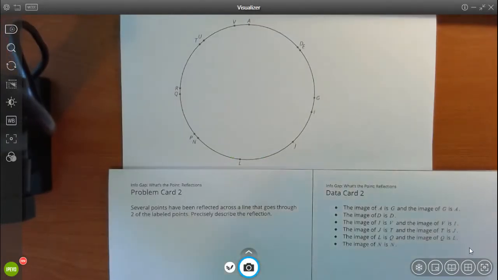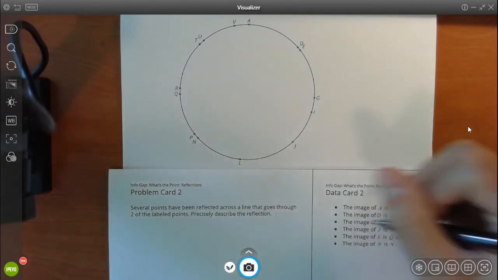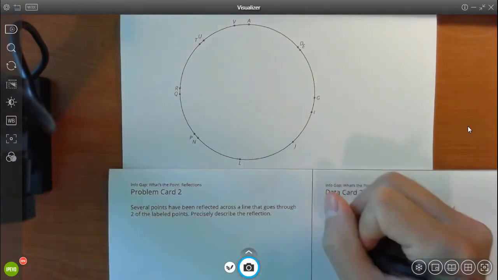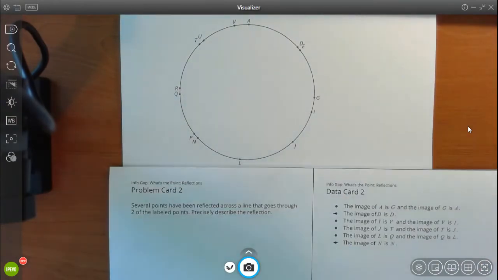Now, if I am going to describe a reflection, I need to know what the line of reflection is first. So if we look carefully at our list of data card bullet points, we see one right here and right here that are going to be important. We know that the image of D is D and the image of N is N. That means that when they are reflected, they are not going anywhere.